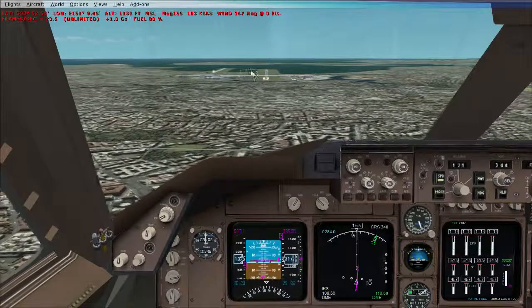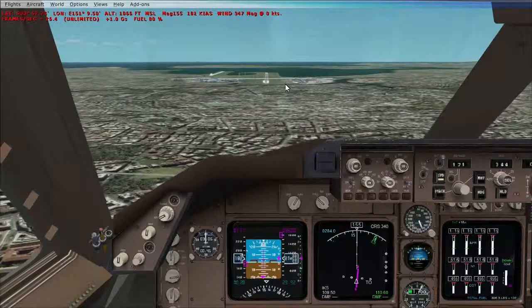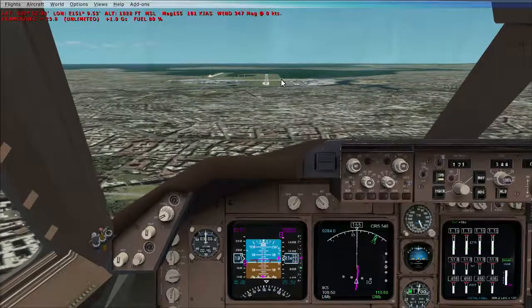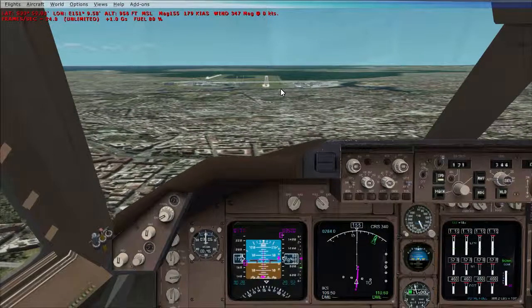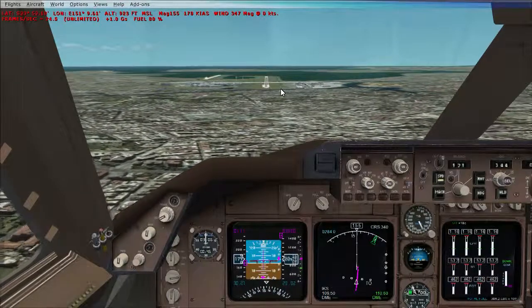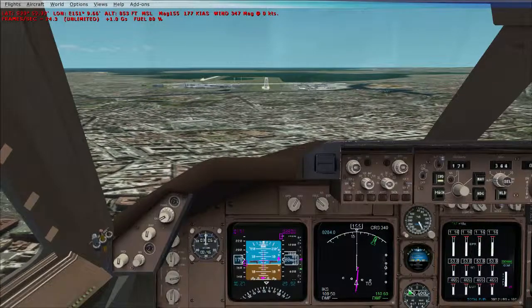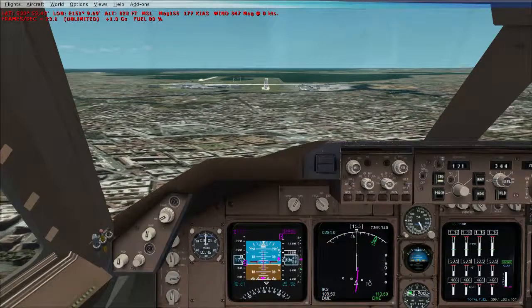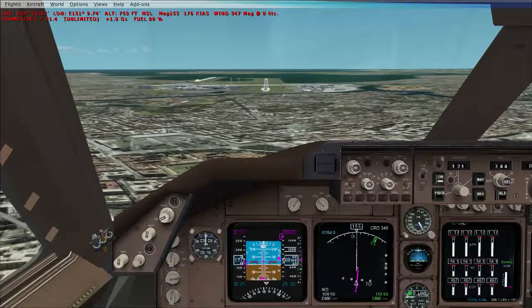Okay, these lights here, if they go red, it means you are underneath the glide slope. If they go green, you are above the glide slope. And if they are white, then everything is alright. Sitting nicely on 177 knots.